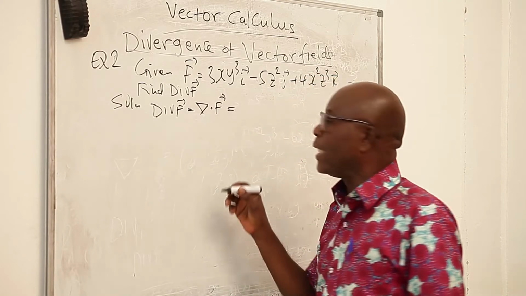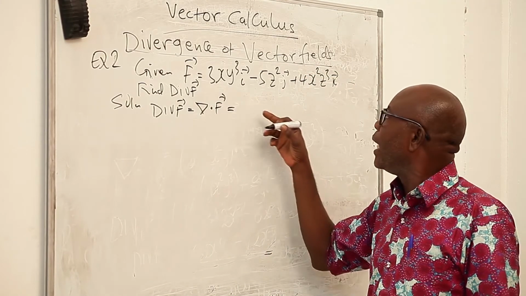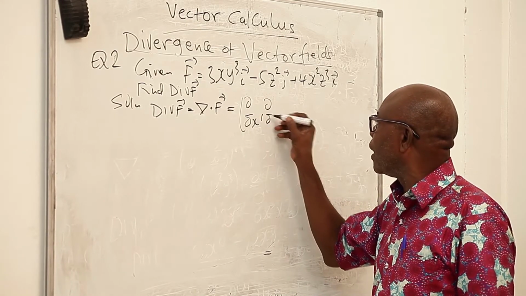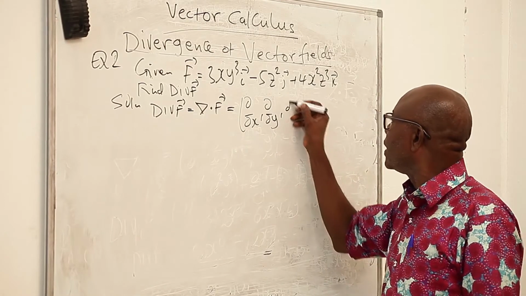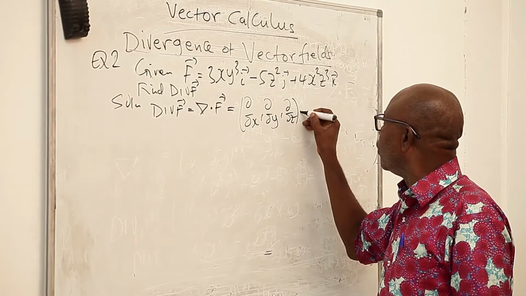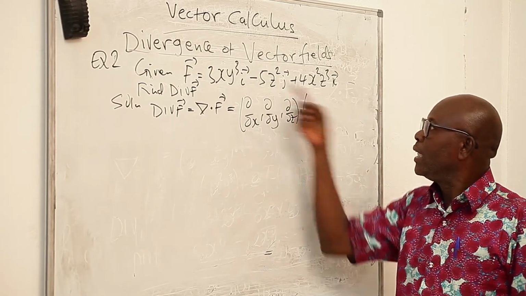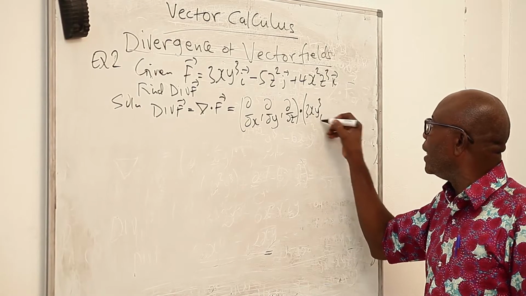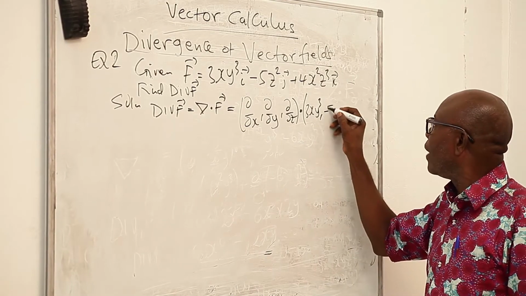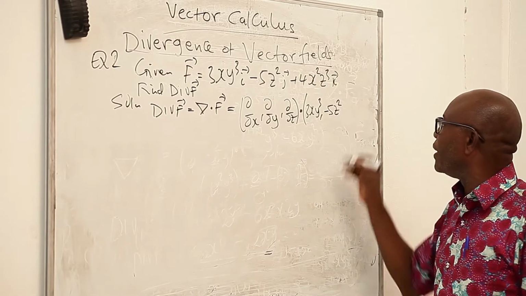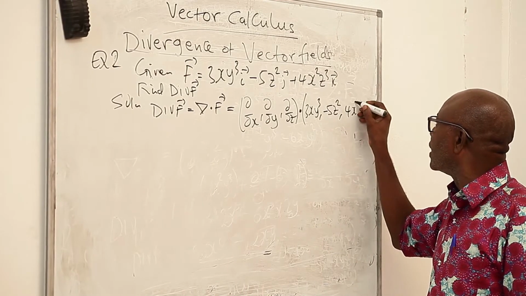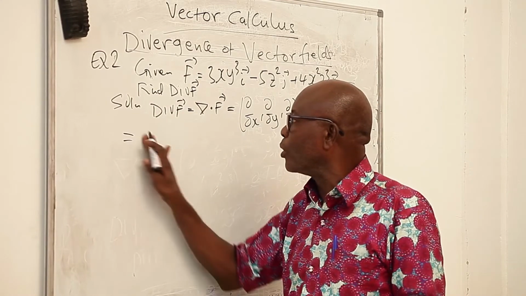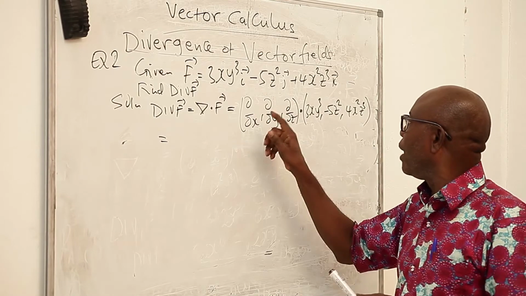And so the del for three dimensions is partial x, partial y, partial z, dot the vector field 3xy cubed in the i direction, negative 5z squared in the j direction, and then 4x squared z cubed in the k direction. And so if you are finding the dot product, it means that you're going to have this dot this.